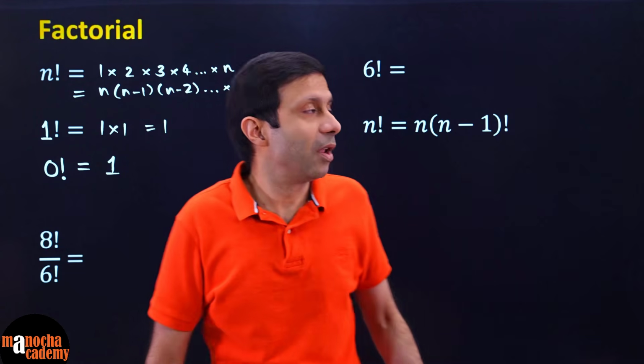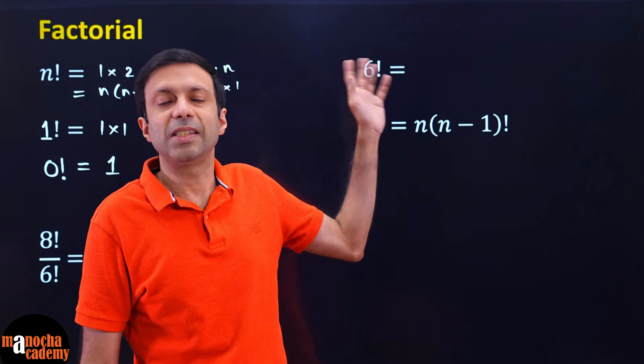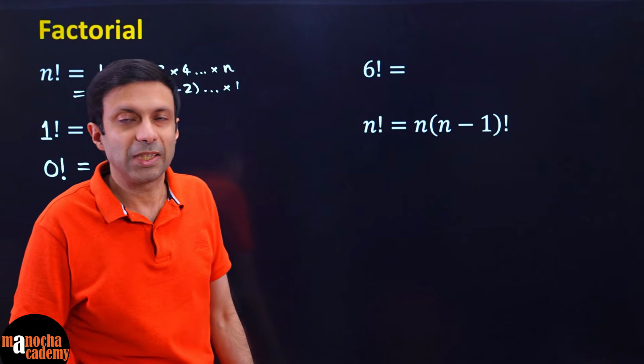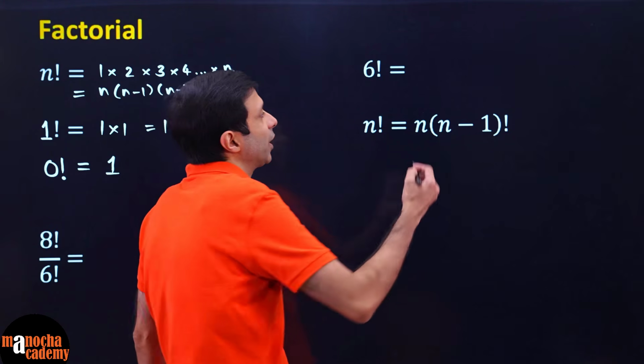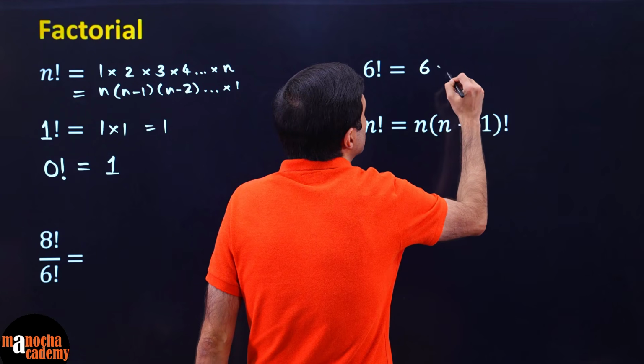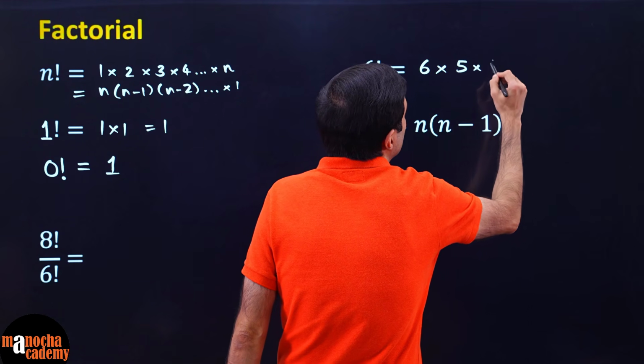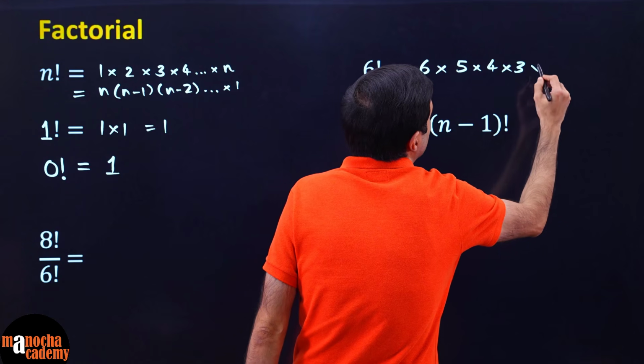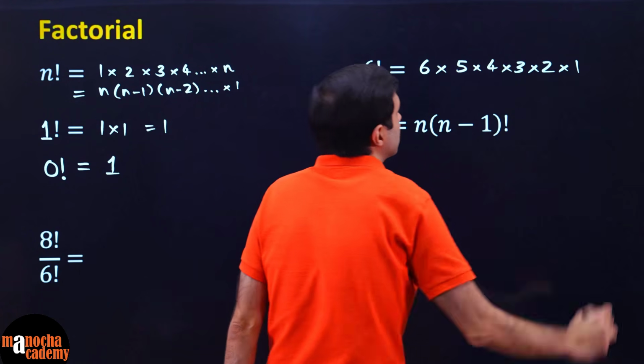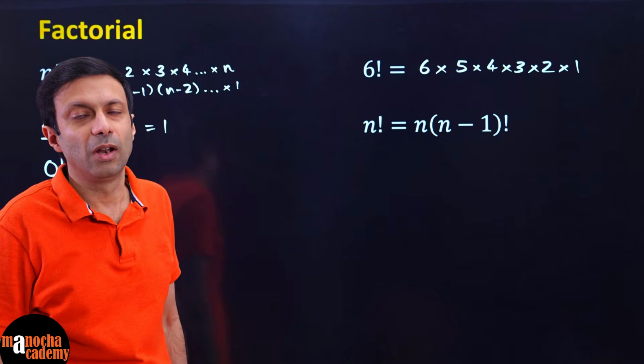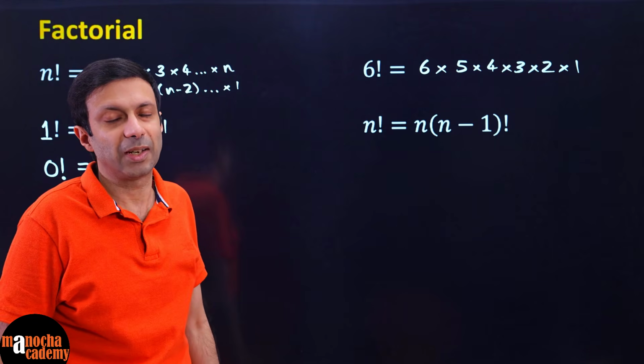Now let's look at this example. What is 6 factorial? We know that if I write it in reverse order, it is 6 times 5 times 4 times 3 times 2 times 1. Right? This is 6 factorial. Or you can write 1 times 2 times 3 times 4 times 5 times 6.